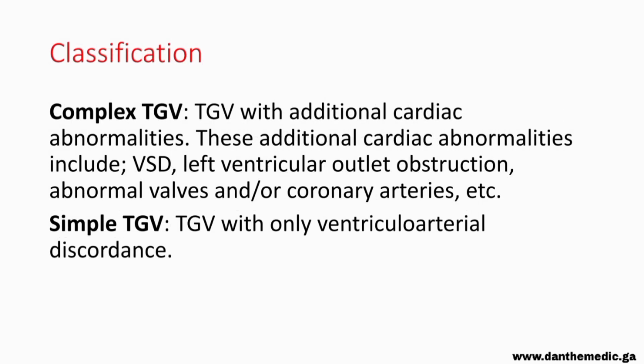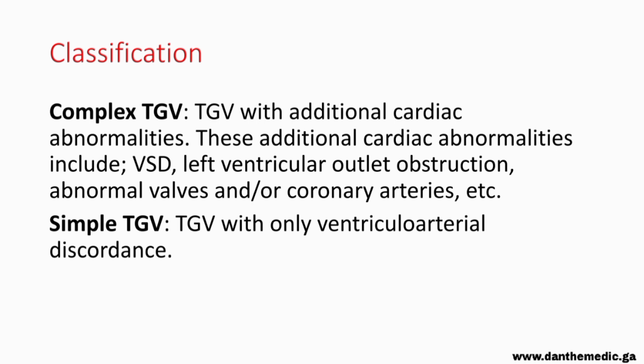Now, it is important that we know the classification of transposition of great vessels. So, we have two basic types: the complex one and the simple one. The complex transposition of great vessels is the one where there are additional cardiac abnormalities.